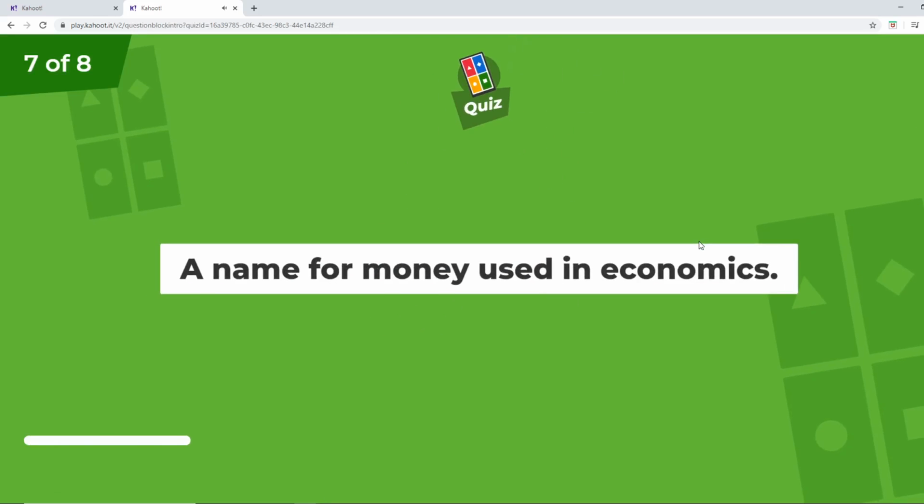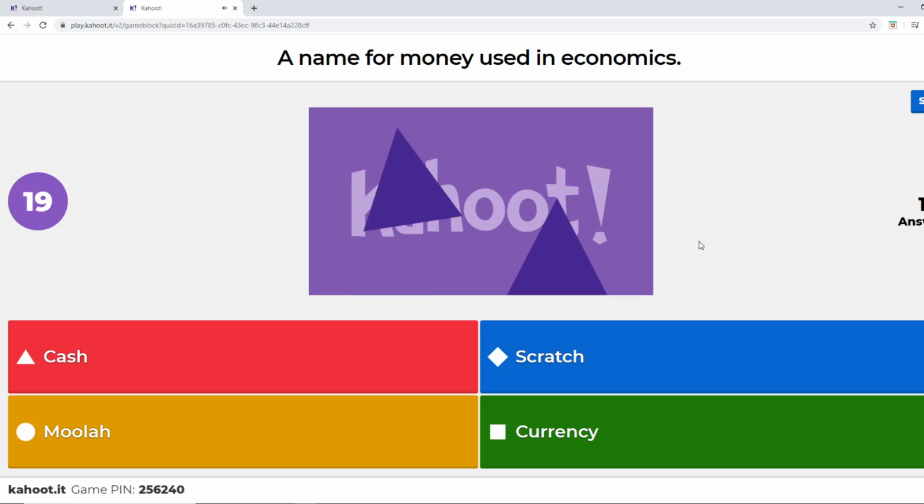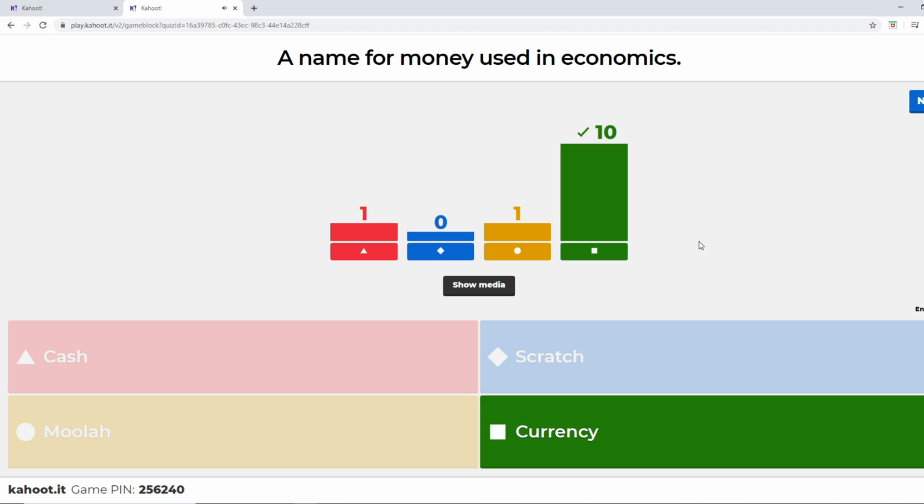So let's go. Here, currency. Well, I don't even know what that is.